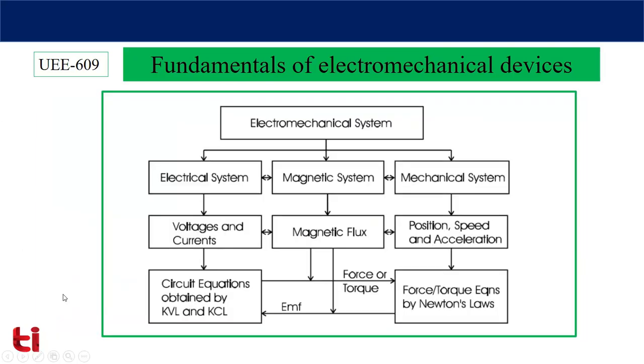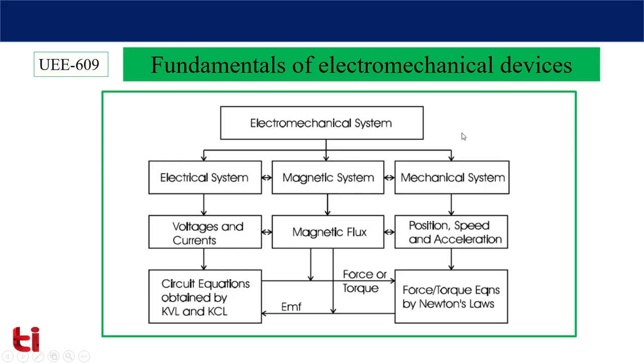This is a block diagram of an electromechanical system. Here you can see the electrical system and the mechanical system. This is your electrical system, this is your mechanical system, and in between them is a magnetic system. That means if we are giving electrical energy as input, that electrical energy is converted into magnetic energy, and then magnetic energy is converted into mechanical energy.